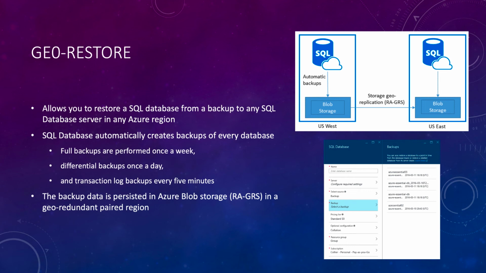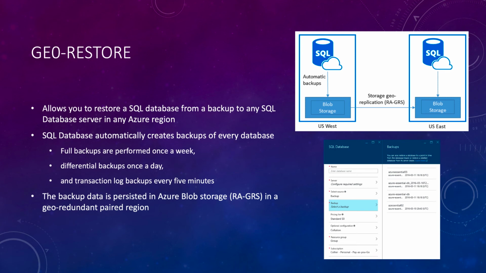The backup data is persisted in Azure Blob Storage or RA-GRS in a geo-redundant paired region. For example, East US and West US, North Europe and West Europe, as you can see on this slide.